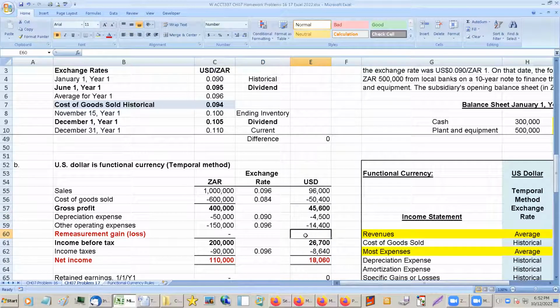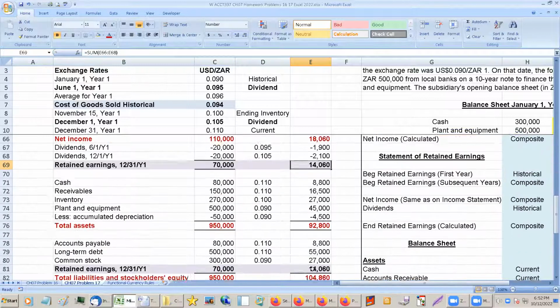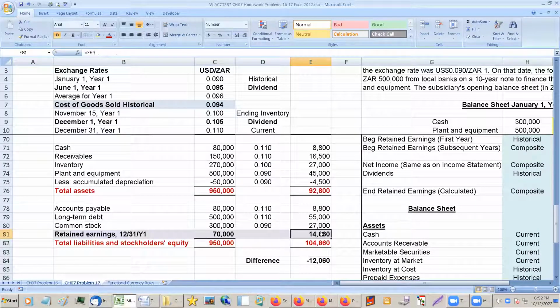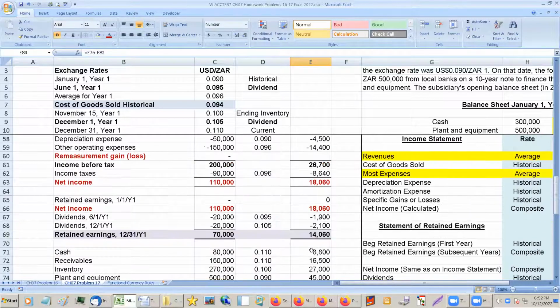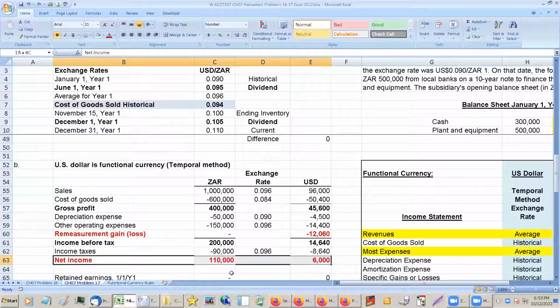Let me take that out for a second. Notice that this net income raises retained earnings, right? Coming down here, this retained earnings is even higher than before. So the difference is going to be even more. So even if I were to put in the wrong rate, I would still get the correct income. Now, my cost of goods sold would be off and the remeasurement gain or loss would be off. But the income would be the same.